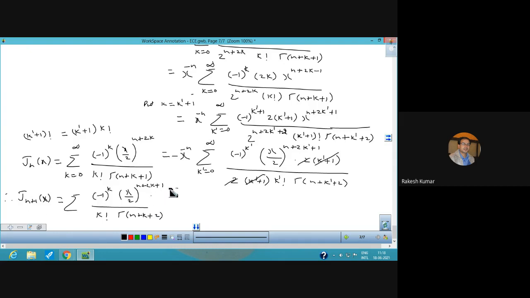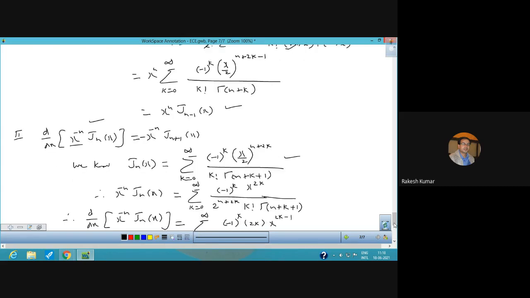Now this formula and the remaining summation of this is same. Just difference is k dash or k. Constant's difference is, because constant is a constant, so whether we write k dash or k will never change. So that is this value. It means is equal to Jn plus 1x. So this is the proof of a second recurrence formula.